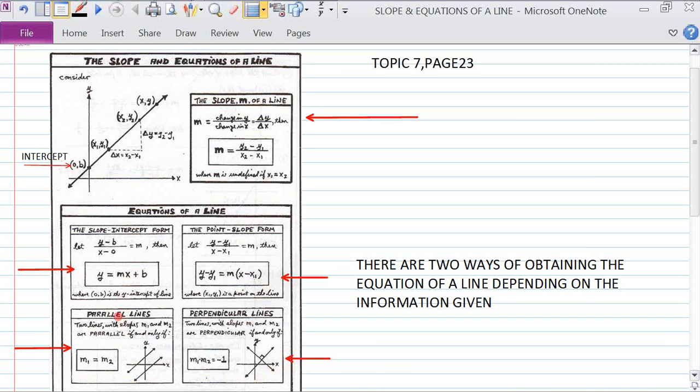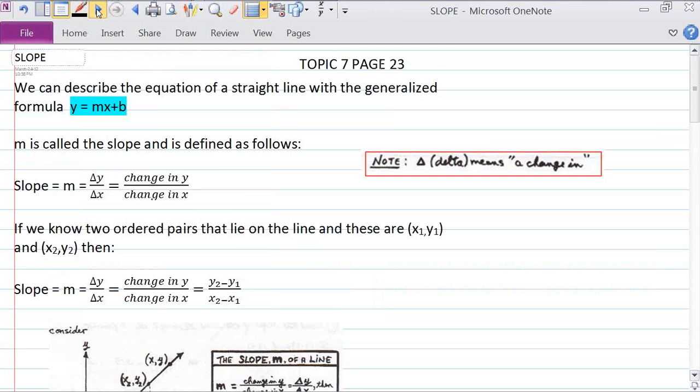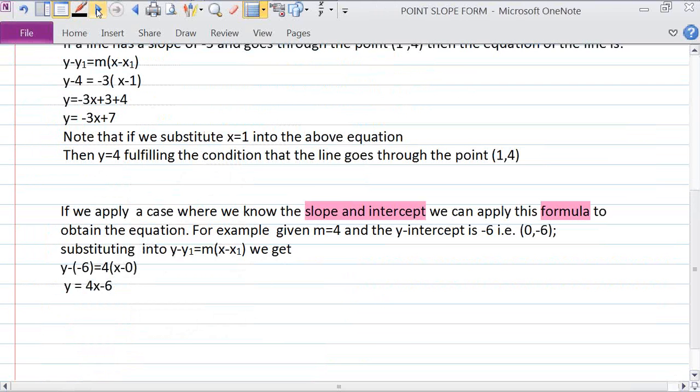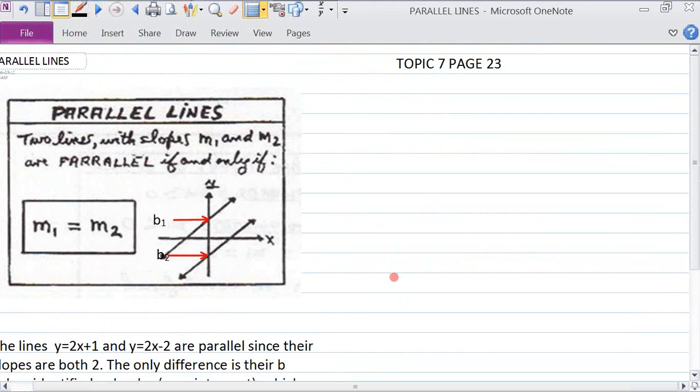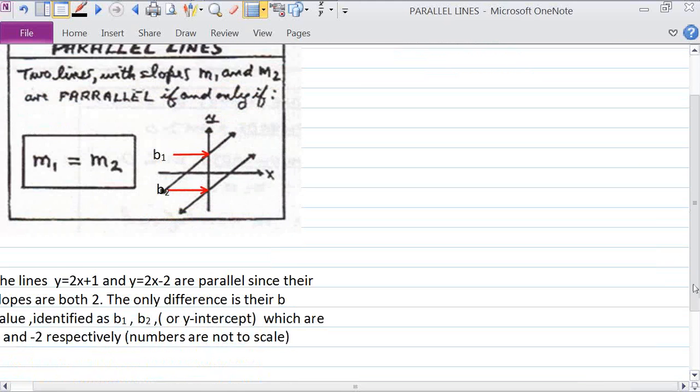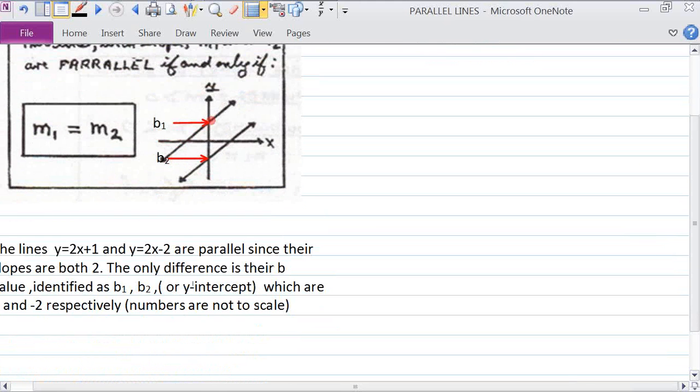Now, one of the characteristics that we want to look at is parallel lines and perpendicular lines. So let's go ahead and give a little more information on parallel lines. Here we see two lines that are parallel.